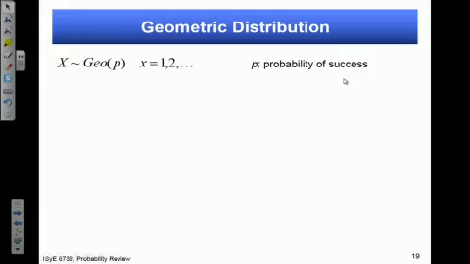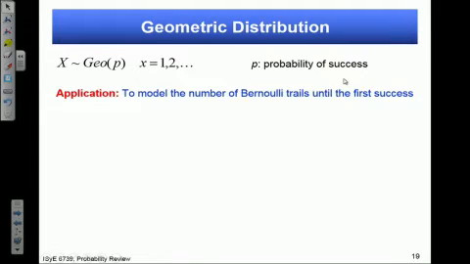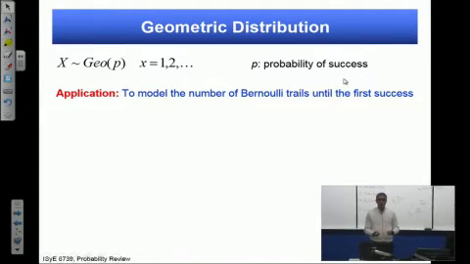Good. So let's see. The next distribution is the geometric distribution. It's again a sequence of Bernoulli trials until we see the first success. So we try the Bernoulli trial. If it is a failure, then again we continue.